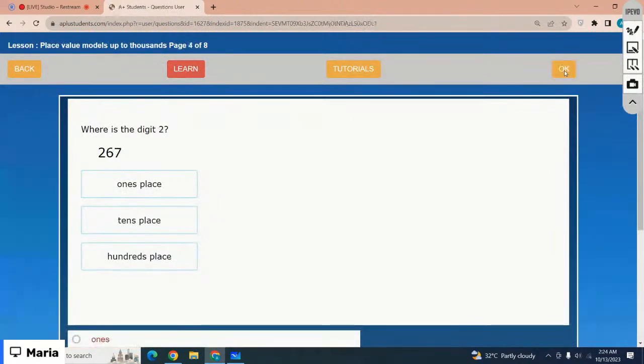Where is the digit 2 in 267? Which is the correct option? Ones, tens, hundreds. Very good. 2 is at the hundreds place. You can even see it when I'm reading the number 267, right? So 2 is at the hundreds place.